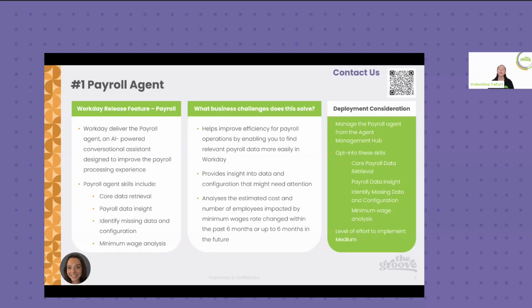It also has some payroll data insight. This is really powerful. You can ask the agent, for example, when or why is someone's salary or net pay lower this period than the last? Or you can even ask it to compare big data points, such as why is this quarter's net pay for X pay group lower or higher than last quarter's net pay?